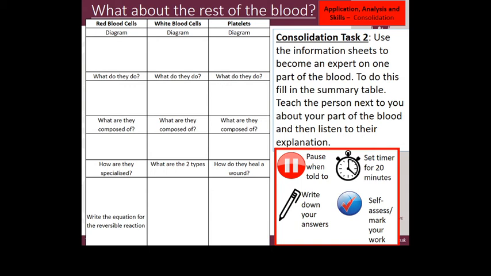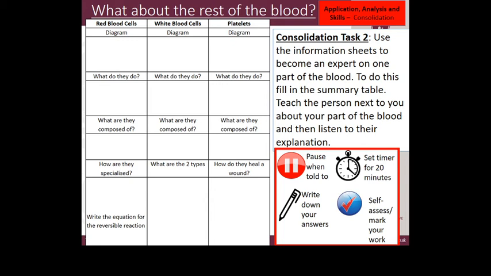But what I would like you to do is, if you can find other extra information on the internet, BBC Bitesize is a great place to find information, and you can add more information to these tables, I will be so impressed. But not only that, it will help you. You will have learned more information than you need, which is what you always want to do. You always want to learn a little bit more.